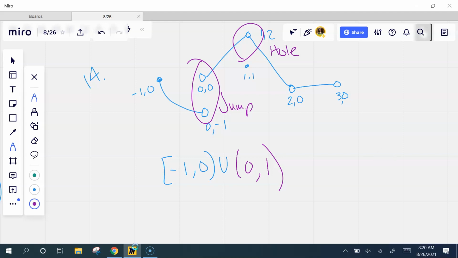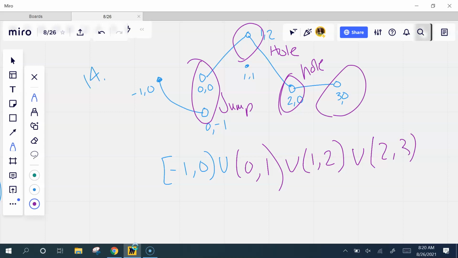And then I come down here and it's still continuous until I get to 2. Again, what is this? It's another hole. It's not plugged, but that's okay. And we're going to talk today about how to plug those holes. And then from 2 to 3, again, a hole. It's not plugged. So those are the intervals on which the function is continuous.